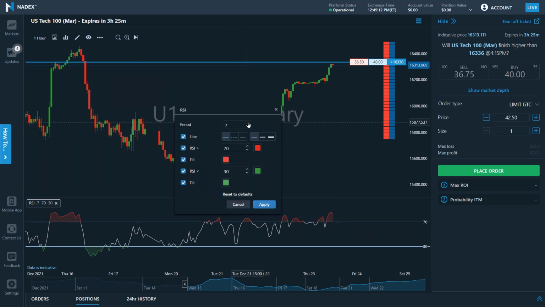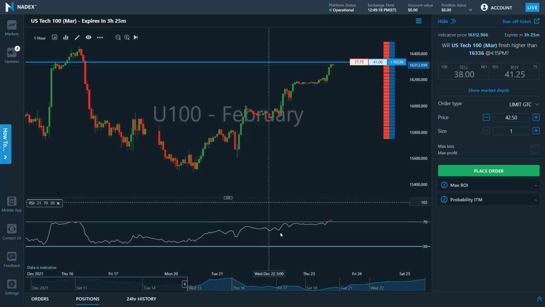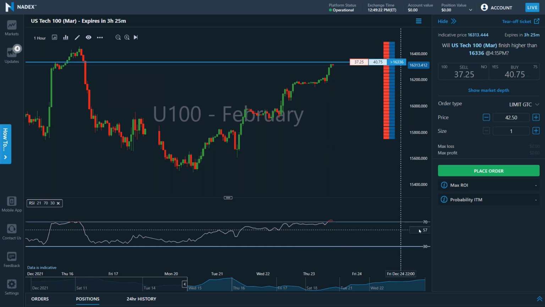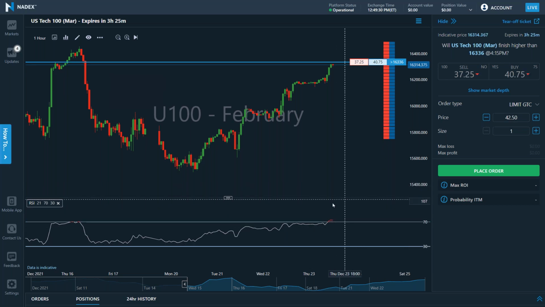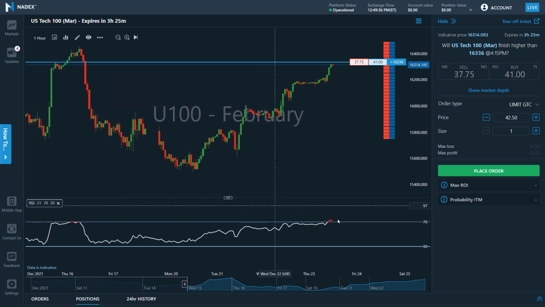If I use a period longer than 7, let's go up to 21, it brings the strength a little bit down, but it's still high. And you can determine, hey, what determines strength? Is it above 70 or below 70? You can make that determination yourself. So I'm just showing you. You can also change how it displays so you can see it however you like to see it.